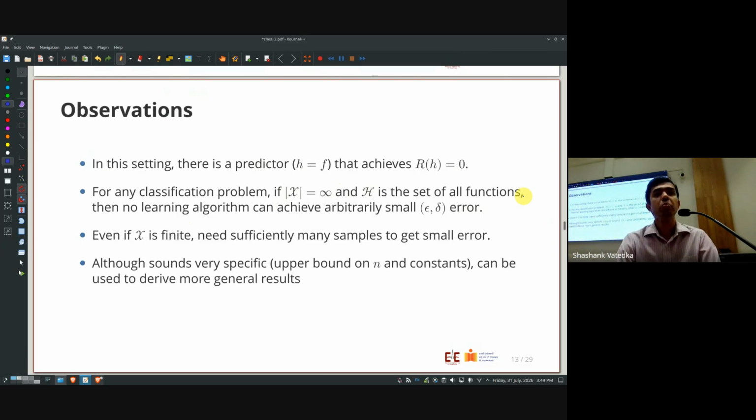But what if your hypothesis class is infinite? Is it possible to learn? It turns out that in many cases you can learn even if the number of functions is infinite and cardinality of x is infinite. But it depends on how complex this class of functions is. And we'll see how you measure complexity in just a little.